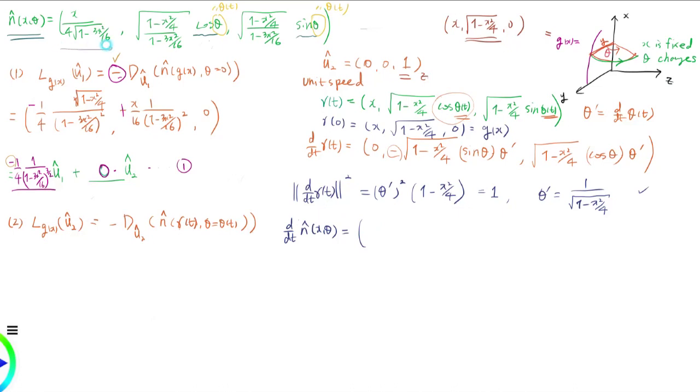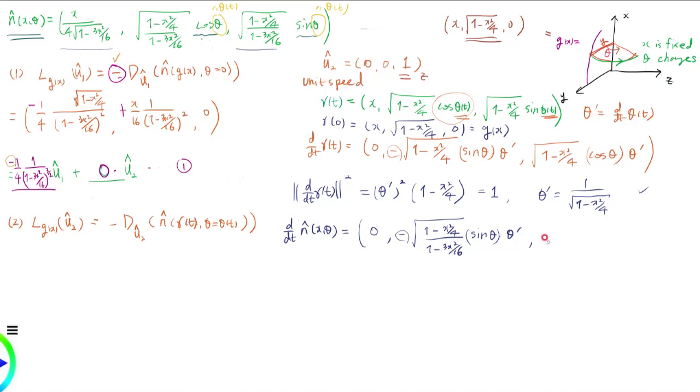So x coordinate, there's no function of t. For the y coordinate, we have square root of minus sine, for derivative of cosine here, and then we have this much.